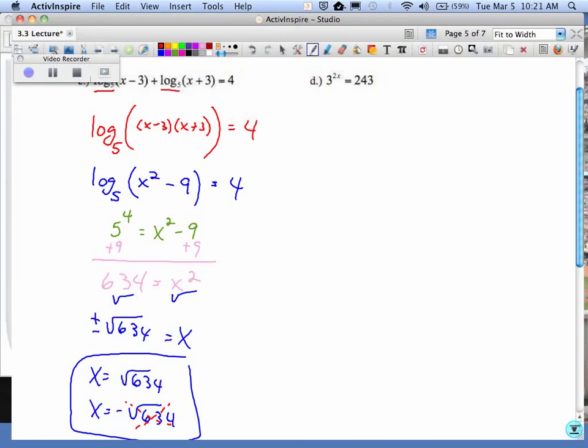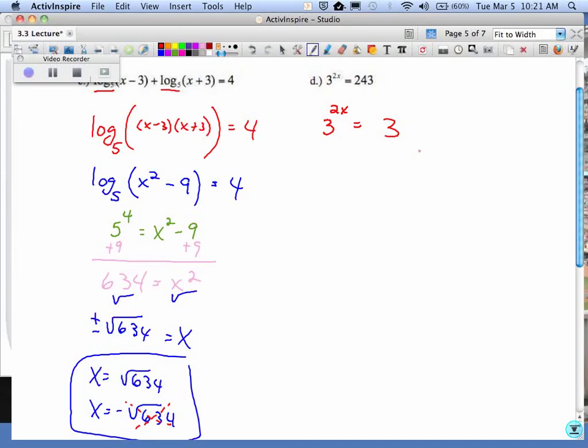So, 3 to the 2x is equal to 3 to the what power? 243. How many 3's do you have to line up to get to 243? 3 squared is 9. 3 cubed is 27. 3 to the 4th power is 81. 3 to the 5th power is 243.